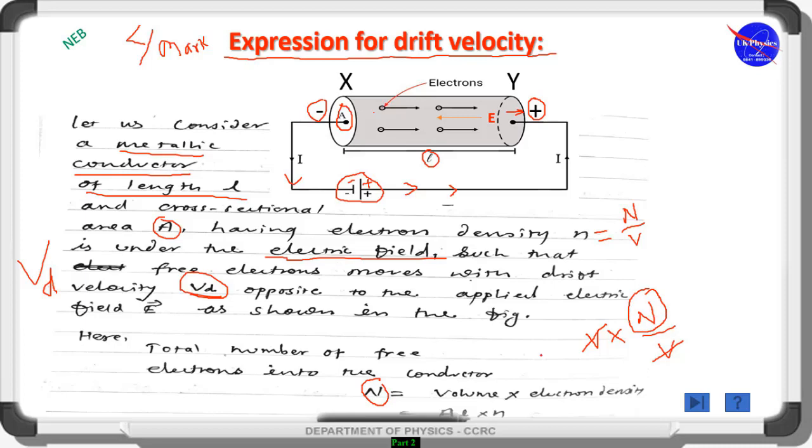This means the number is given by the multiplication of volume and the electron density.